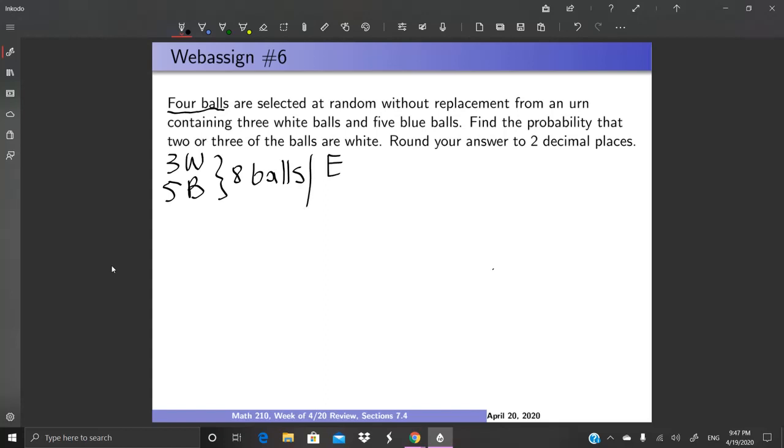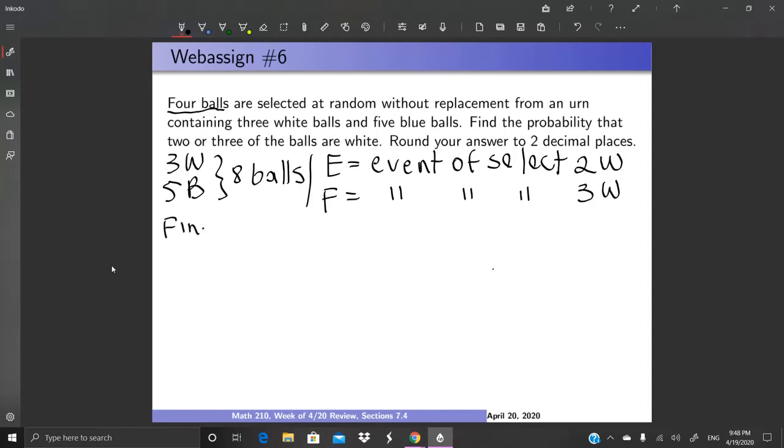Let E be the event of selecting 2 white balls, and then let F be the event of selecting 3 white balls. So we have these 2 events, and the question really is to find the probability of E or F.